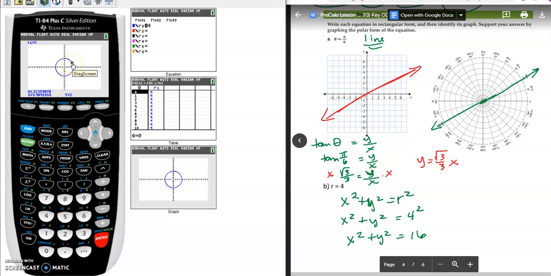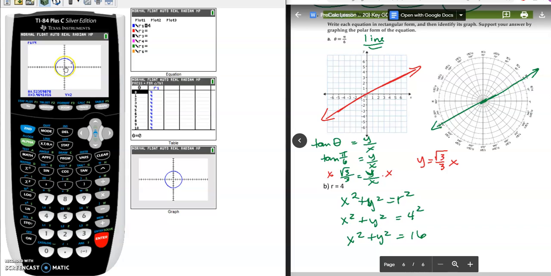It's going to show me where that point would be, and you can see that little cursor. Now here are my coordinates: x is 3.46 and y is 2. That's my radius and theta.